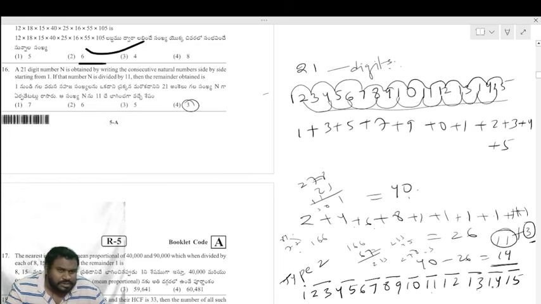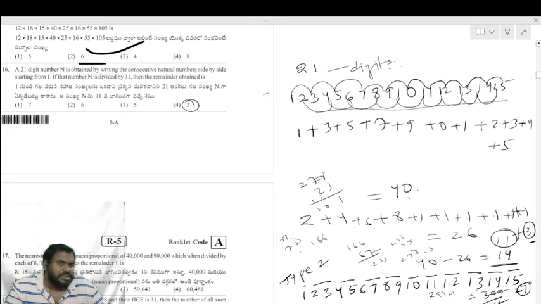So it will be around 299 plus 1, so it will be 300. 300 divided by 11. 11 2s are 22. 22 means 88 will be there. 11 7s are 77.